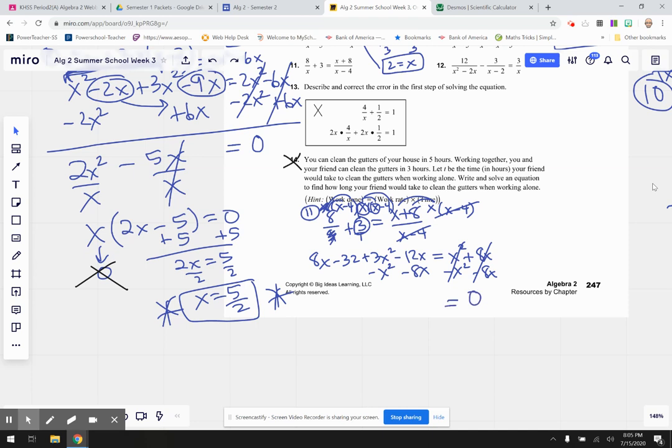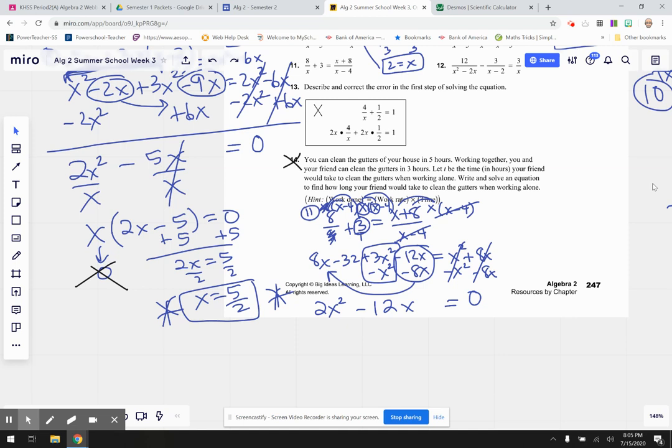So I've got these two that are going to go together and be called 2x squared. And then I've got these two, which are negative 20x's. When I combine it with a positive 8x, I actually subtract them because negative and positive, you got to subtract when they're different. So negative 20 plus 8 would be negative 12x.